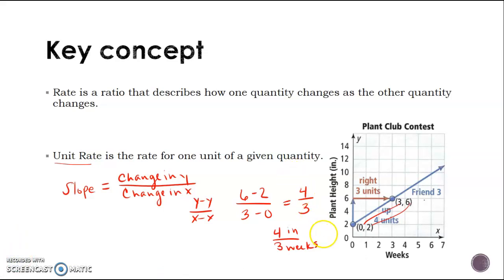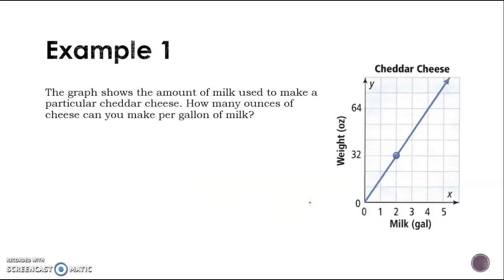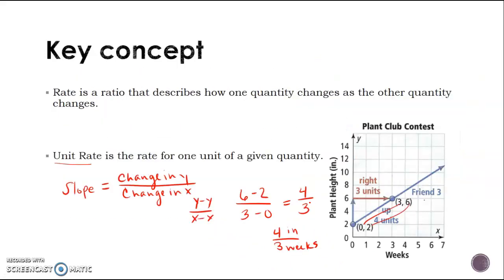So 4 divided by 3 would give us a unit rate of 1.3 inches every week. So this is just a rate.